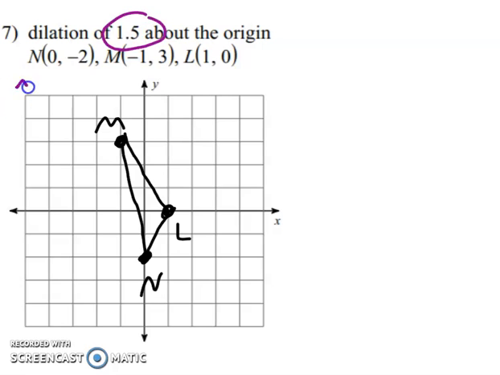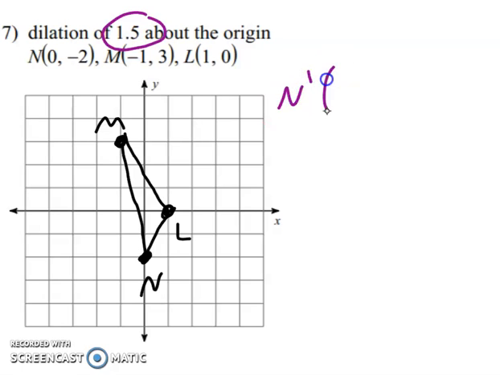So N prime, I'm going to try and do it right underneath, that way we can see it. I need some more room to operate, so let's go over here.